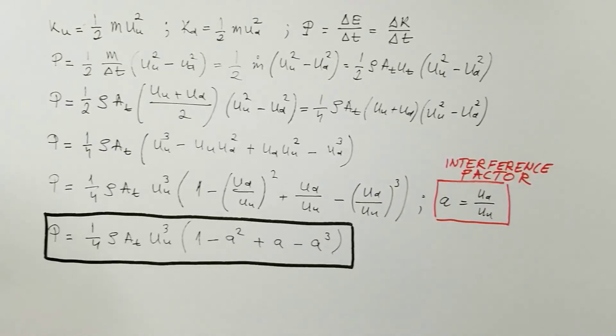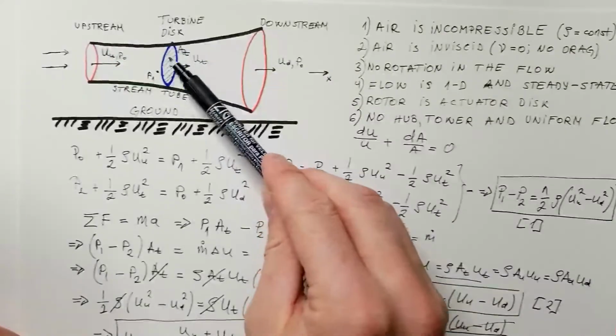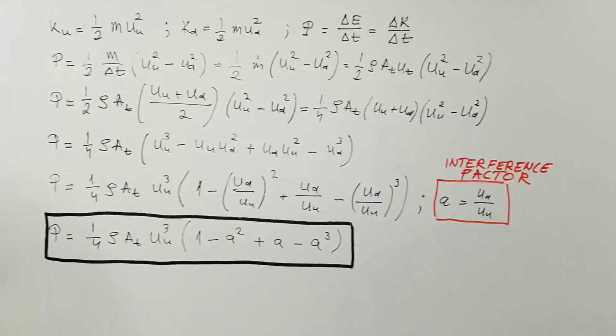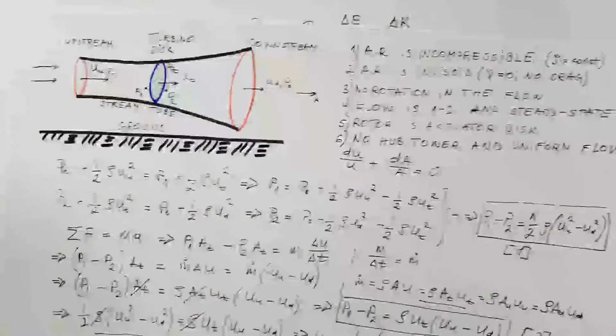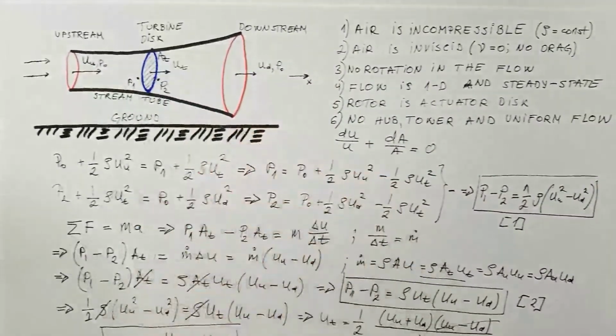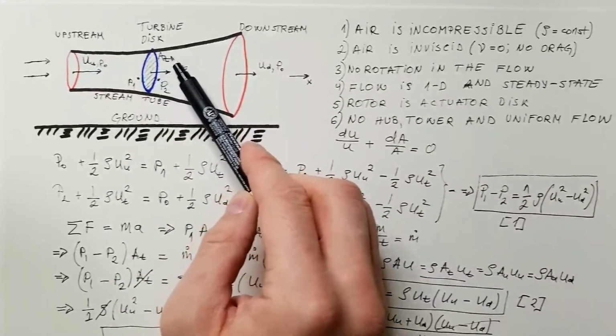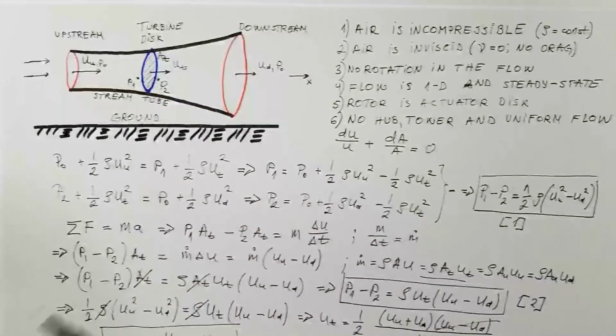Now we are still not at the end of the road because what we want to find is the efficiency of this turbine disk, and therefore we want to find ratio between extracted power, which is this, to the total power in the wind. Now, what would be the total theoretical power in the wind at the location of the wind turbine? Well, that would be power in the wind that would be here in this area A_T if there is no turbine to begin with, if there is just air flowing in empty atmosphere.